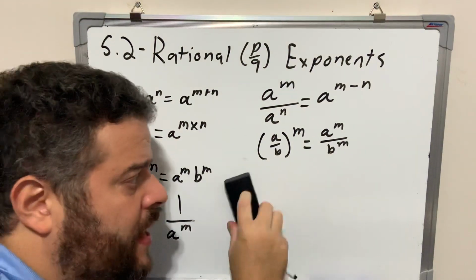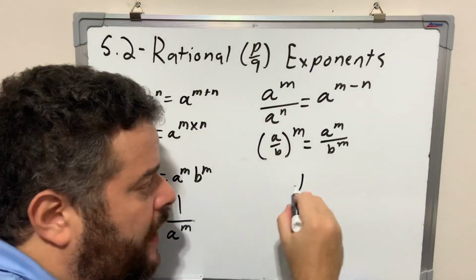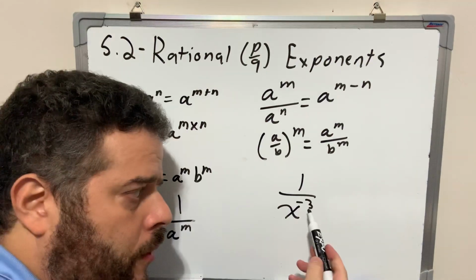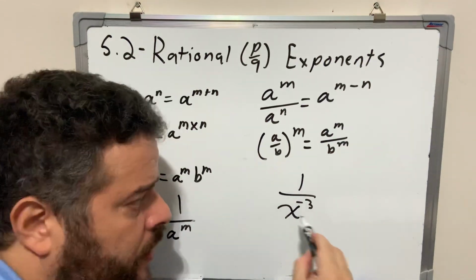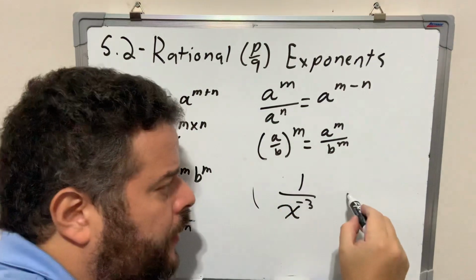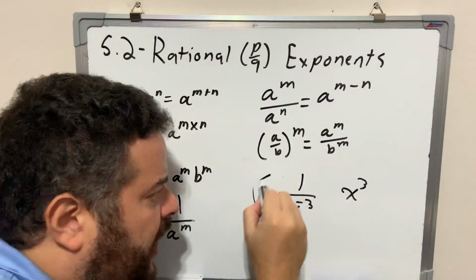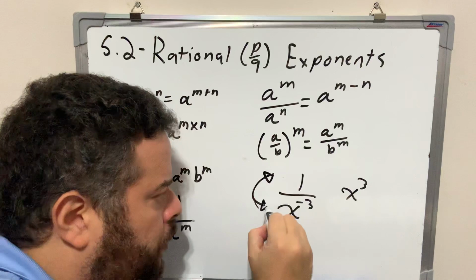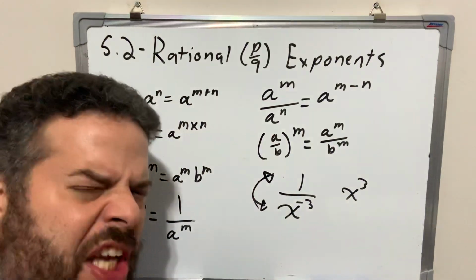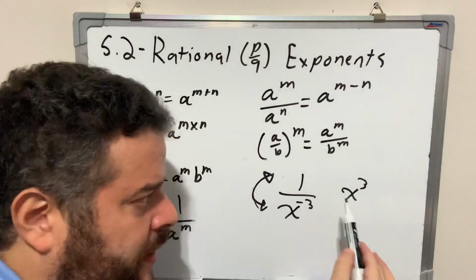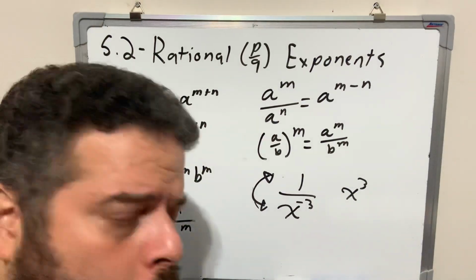At the same time, if you have a number in the denominator with a negative exponent, you can send it to the numerator in a positive fashion. So basically, interchanging it from the numerator to the denominator changes its sign. And it's just the sign of the exponent, not the sign of the coefficient.